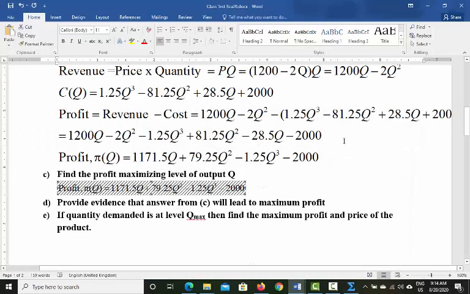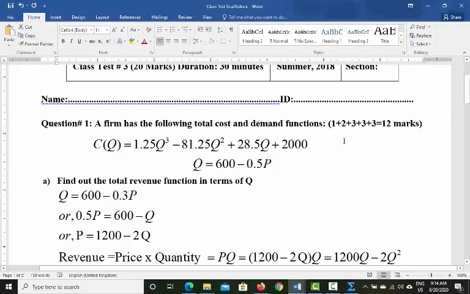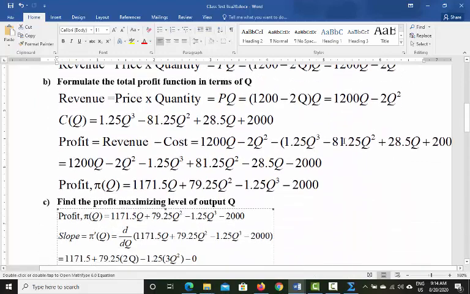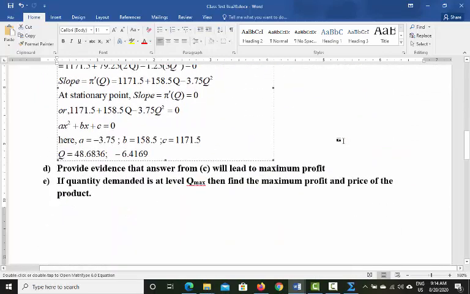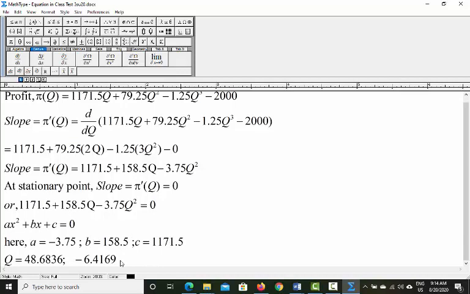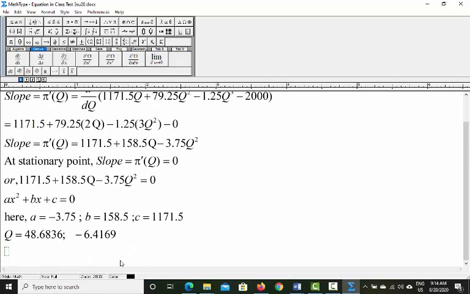Pay attention, let's see whether we have any unit for q. No, we don't have any unit in the question, so we don't have to write the unit. Remember, q is the quantity.